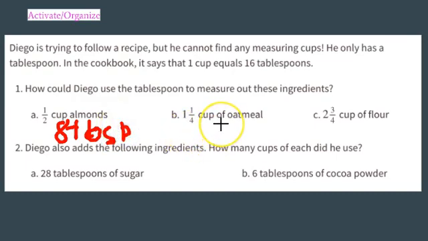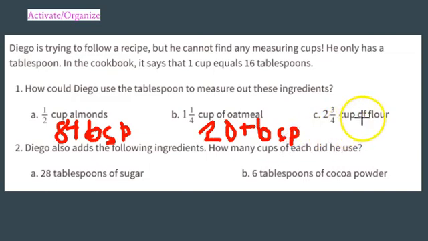What about oatmeal? Well, you'd have the 16, right? What's 1/4 of 16? 4. 16 and 4 makes 20 tablespoons. What about 2 3/4 cups of flour?